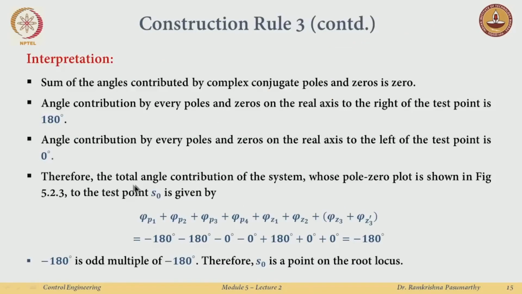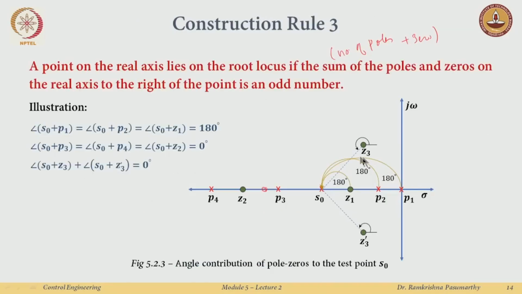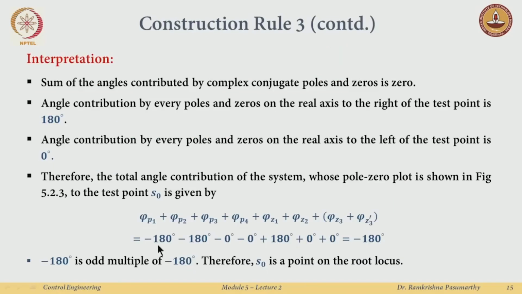Okay. So, what is the total angle contribution? The total angle contribution is the angle of all the zeros minus the angle of all the poles. So here P1 contributes 180, P2 180, Z1 180. With the appropriate signs, minus 180 for the pole at P1, minus 180 for the pole at P2, and all these guys are 0.